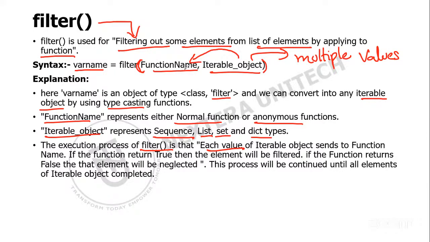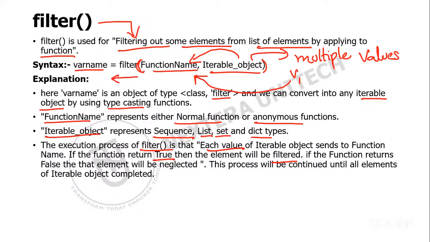Right? So if the function returns true, then that element or value will be filtered. The first element, value 1 of the iterable object, is passed to the function. And if it returns true, this value 1 will be filtered.